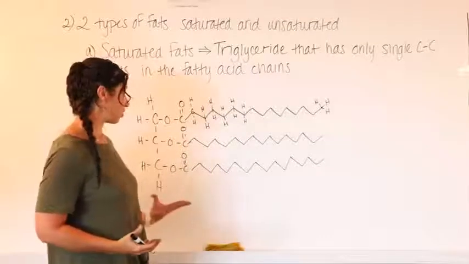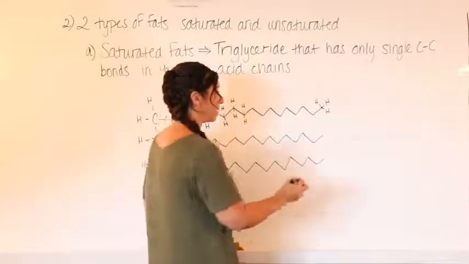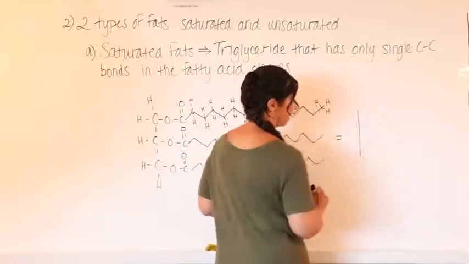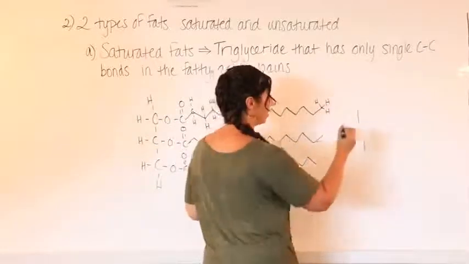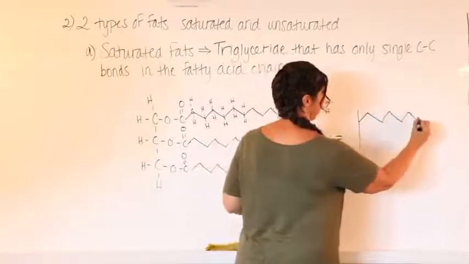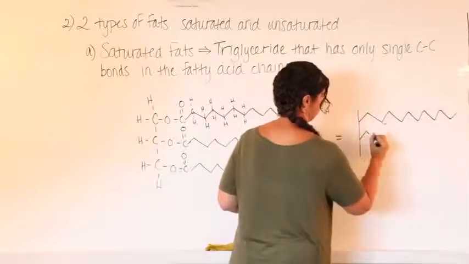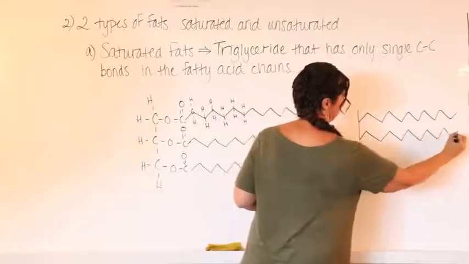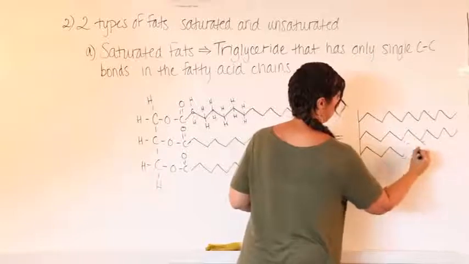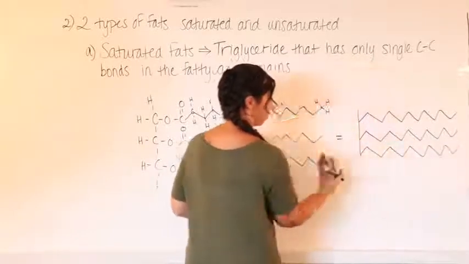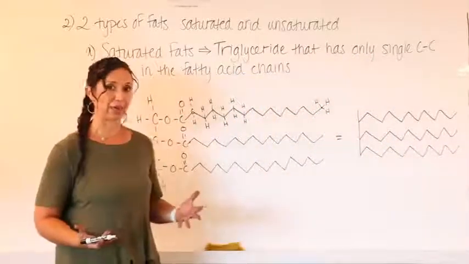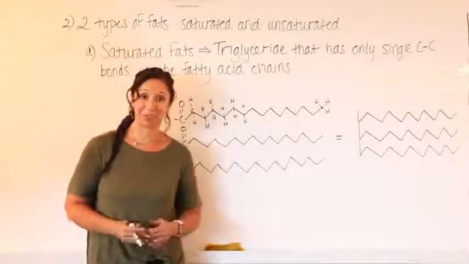Here's the shorthand version of what a triglyceride looks like. You literally just draw a stick to represent the glycerol, and then you draw fatty acid chains coming off the stick. So these 2 things are the same thing when it comes to biology shorthand, if you will.